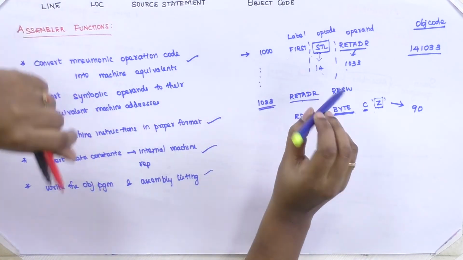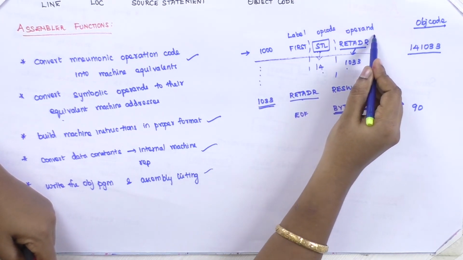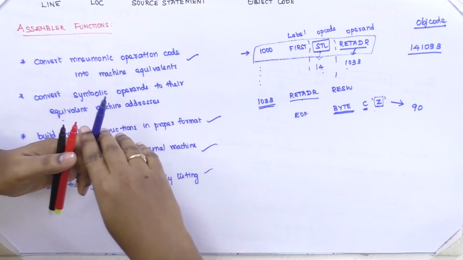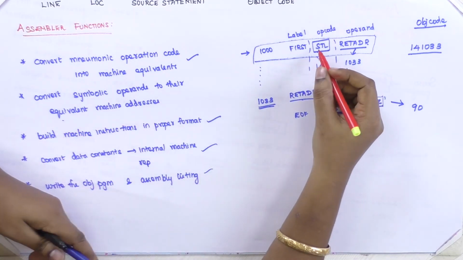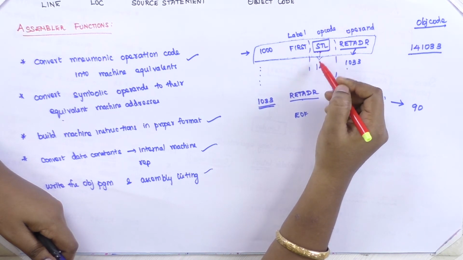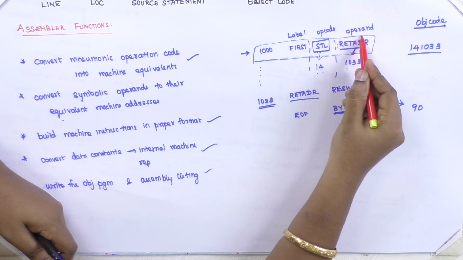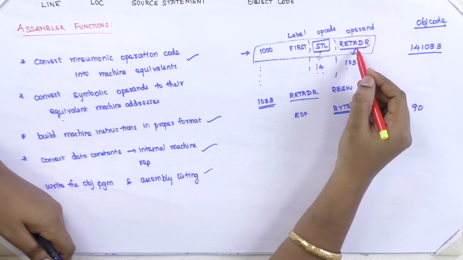Let us consider that our assembler is reading this particular line. The first function is converting the operation code to its machine equivalent, so STL is converted to 14. Then it reads the symbolic operand RETADR.